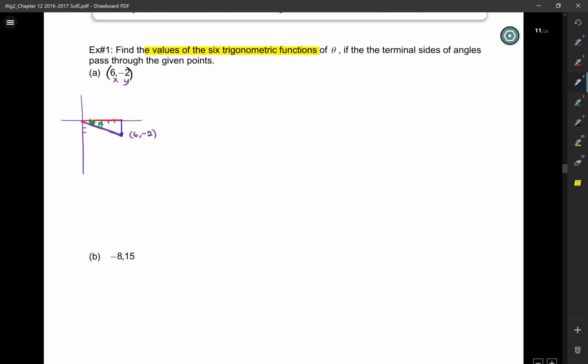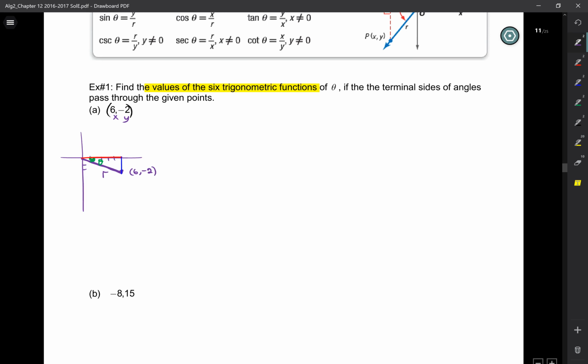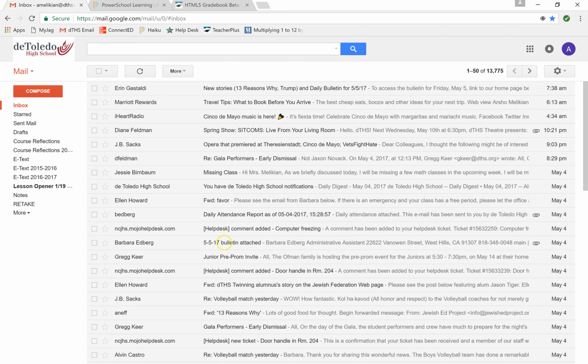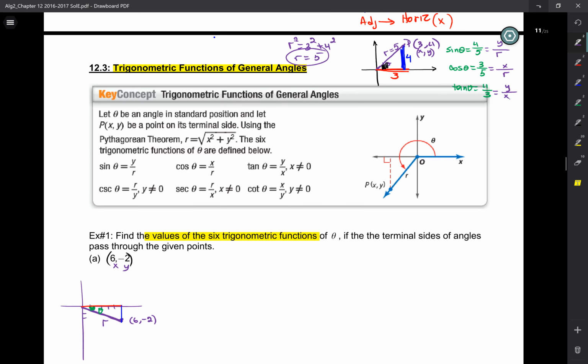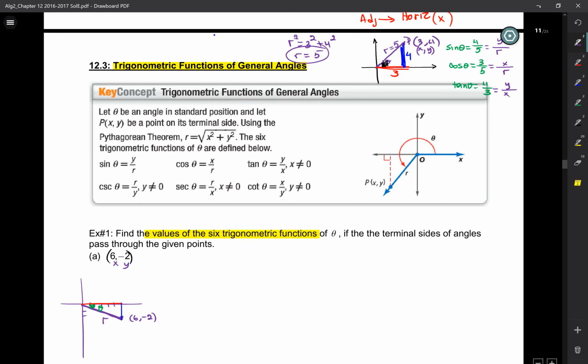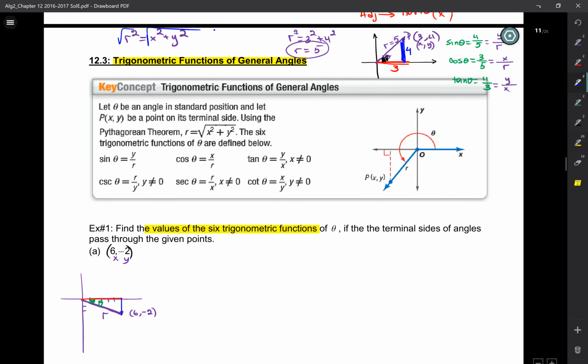All right? Now, is there any way I can find my value of r? What did we say r was? R squared is x squared plus y squared, right? So if I take a square root of both sides, then r is the square root of x squared plus y squared.